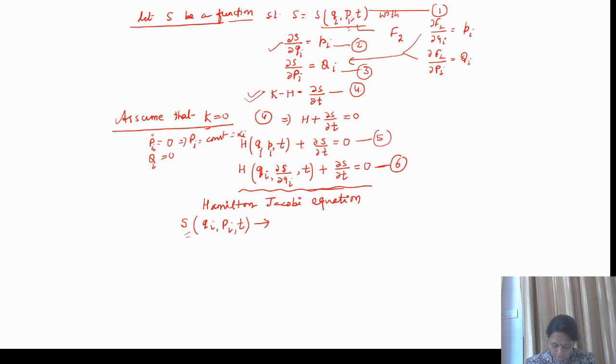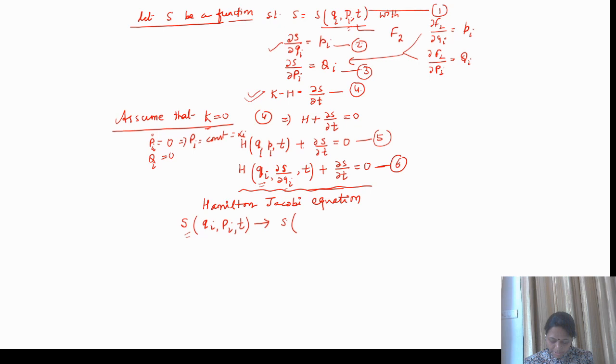Now you can say that this S is a function of, because in this expression you can see that you are having these q_i's. All p_i's are replaced with the help of delta S by delta q_i.